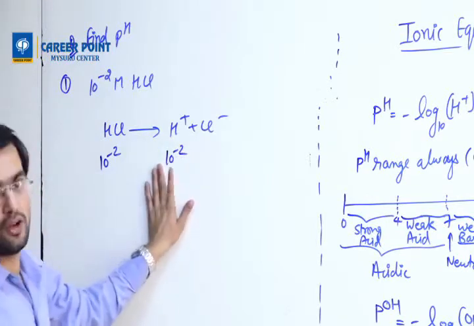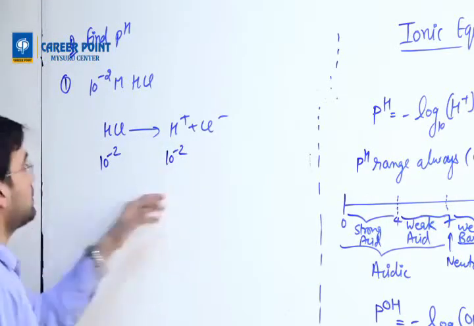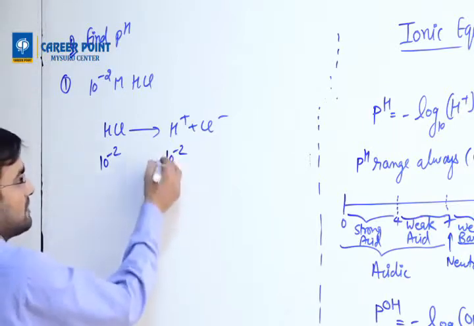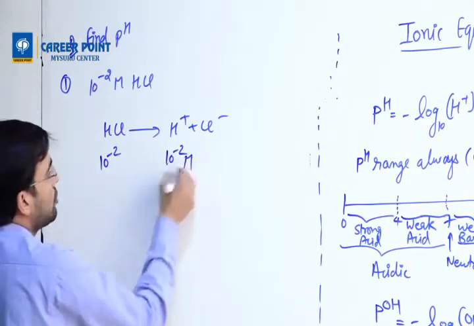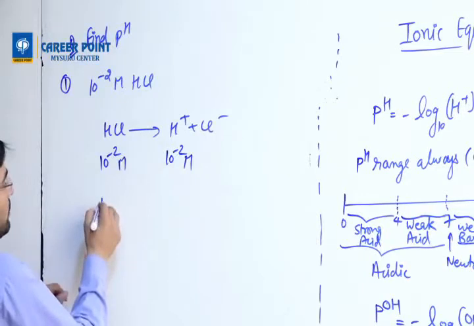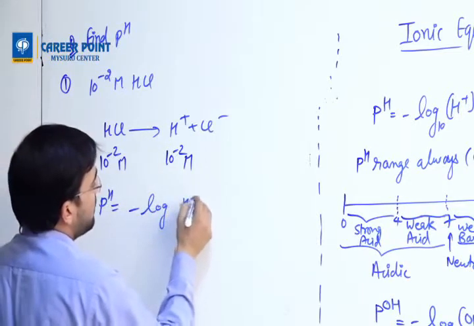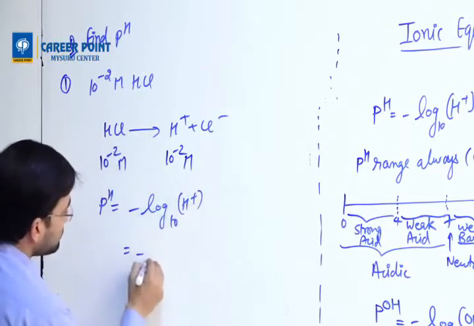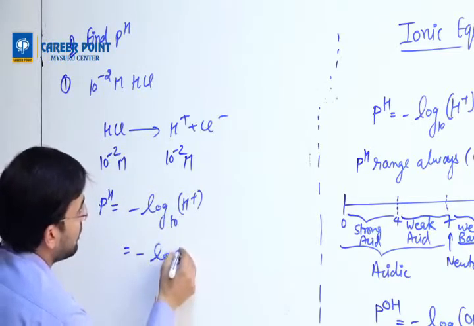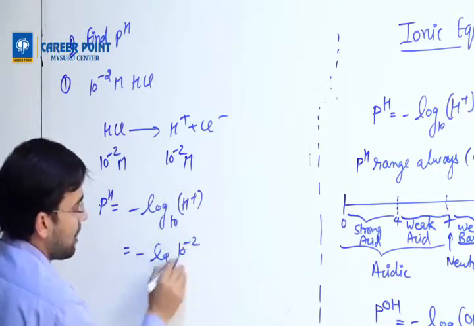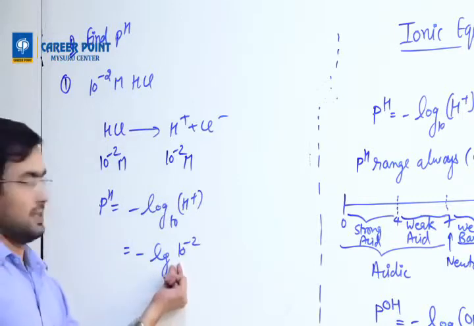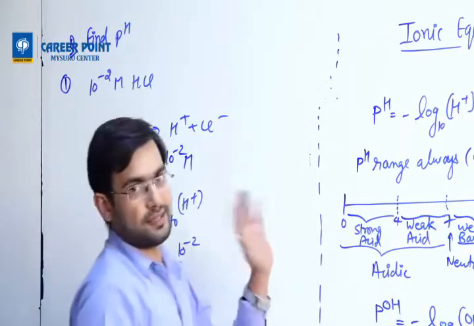So H plus concentration I know is 10 power minus 2 molar. Then what do I do? pH equals minus log of H plus base 10. So minus log, now I write the value 10 power minus 2. No need to write that base 10, base 10 is the same for all.